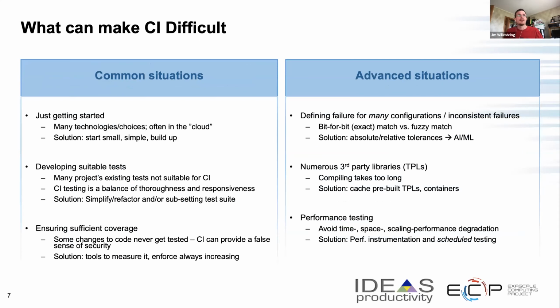Next, I wanted to focus on some of the challenges in CI testing. One of the biggest overall hurdles is often just getting started, getting that very first test set up so that when you want to set up the next test, all of the infrastructure is in place, and all of the processes for setting up a new test are in place. That is often maybe the biggest hurdle for projects getting started.